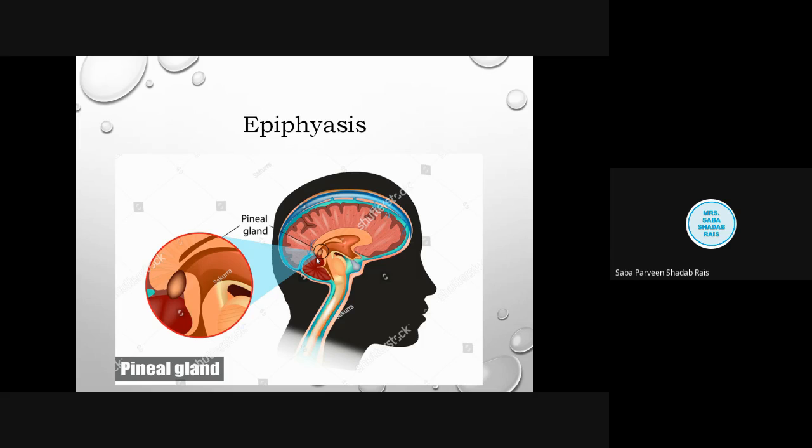Okay, so they are derived from the nerve cells. These cells are derived from the nerve cells, and what is their role? They secrete the melatonin hormone. What is this melatonin hormone? Melatonin hormone is also called the happy hormone.